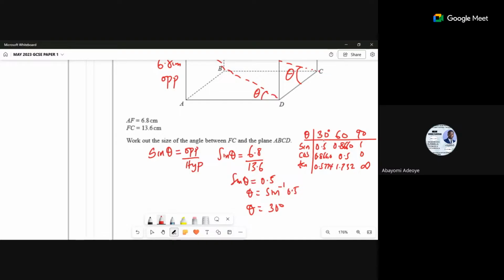So this is where this 30 is coming from. The sine inverse of 0.5 is 30. So the angle is 30.